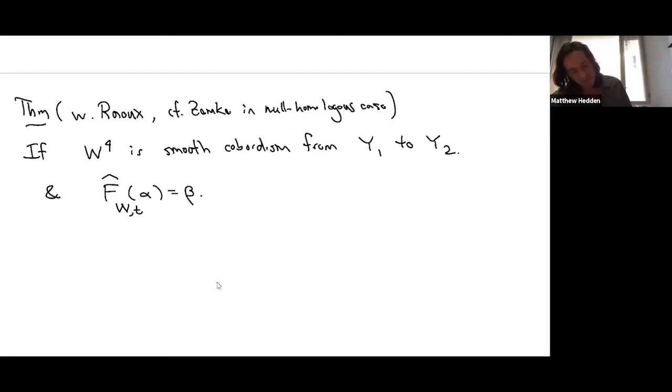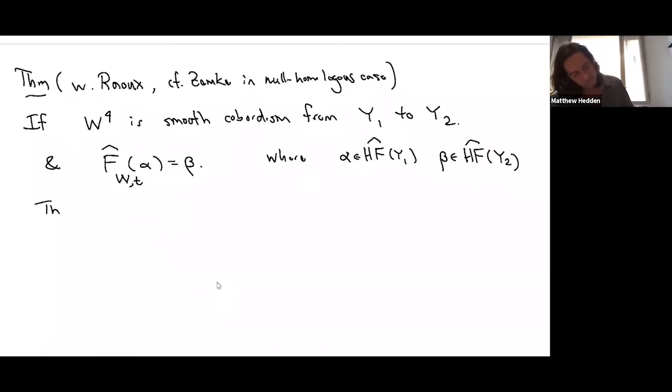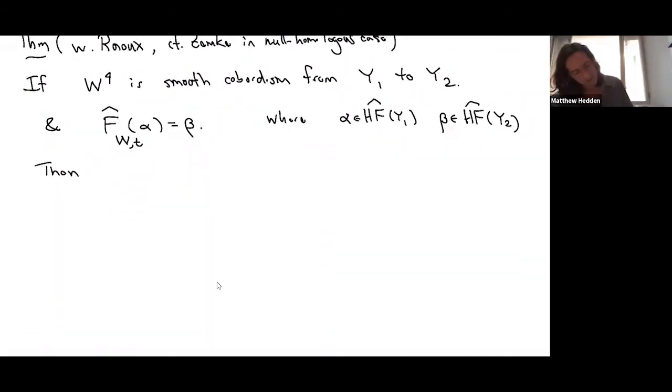So if I have a spin-C structure on the cobordism for which an associated map on the Floer groups maps a given Floer class alpha to beta, then I have the following adjunction inequality.